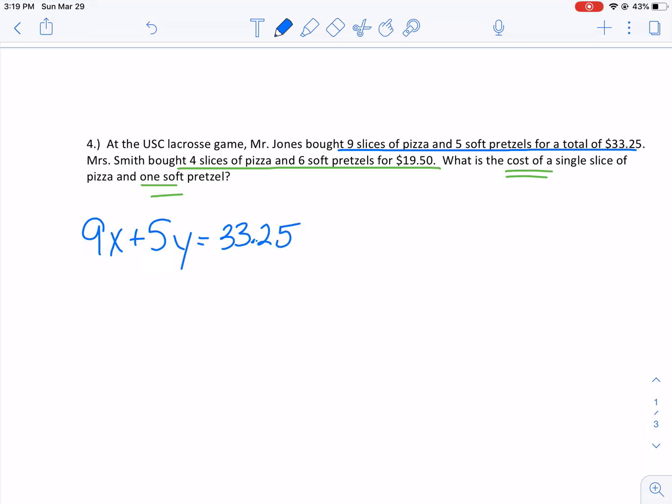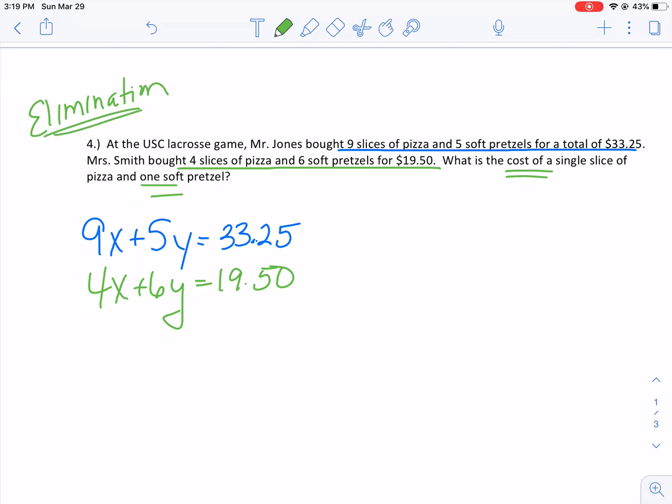All right, well then Mrs. Smith went and bought 4 slices of pizza and 6 soft pretzels for $19.50. I'm hoping you guys can see that you want to use elimination for this system because they're both set up in standard form.